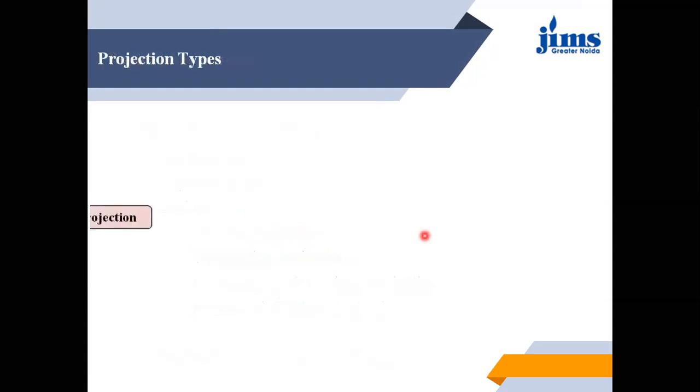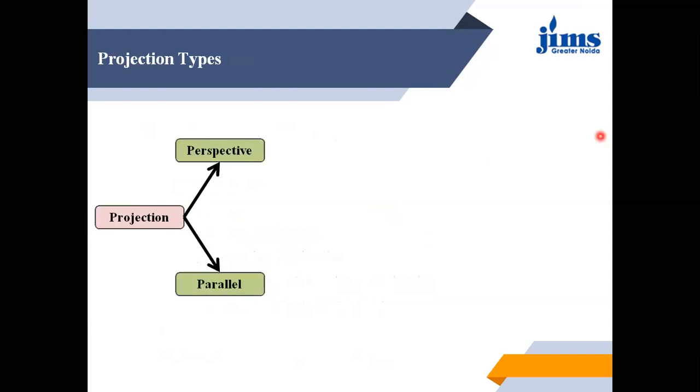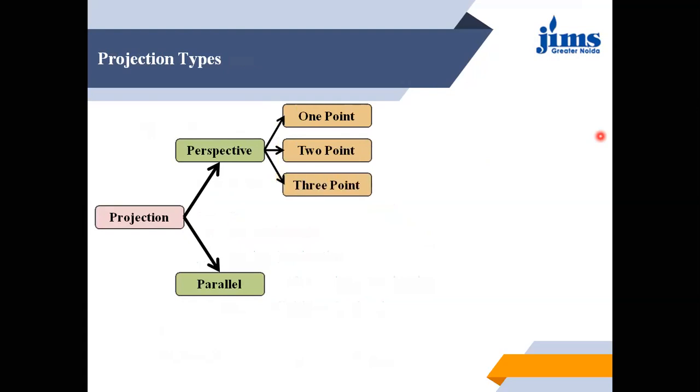As we discussed in the last class, projections are basically of two types. The first is perspective projection, the second is parallel projection. We can divide perspective projection into three parts: first, 1 point projection; second, 2 point projection; and third, 3 point projection.